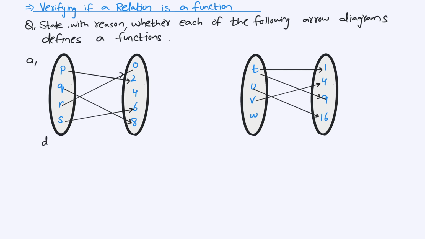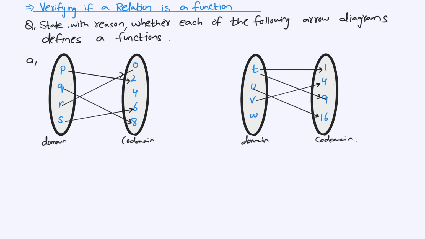So let me call this my domain and this my codomain. Now let's revise the definition of a function. In a function, every element in the domain has a unique image in the codomain.